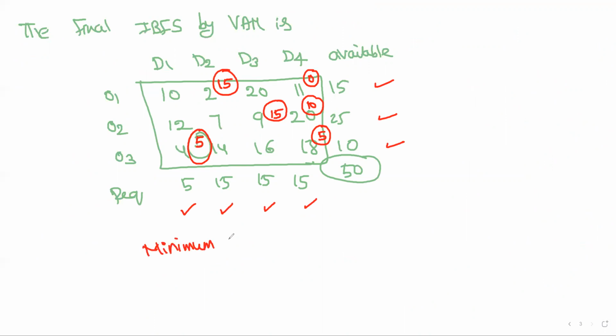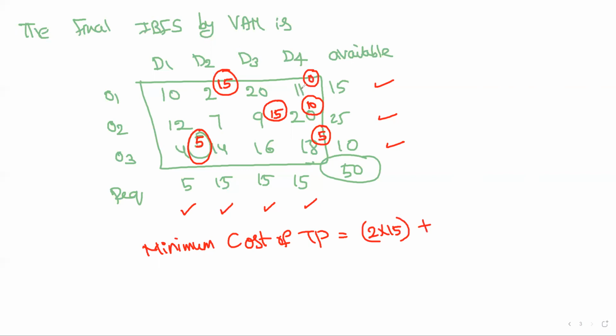Minimum cost of transportation is equal to. First here we have 15 items, how many rupees each product? 2 rupees. One product is 2 rupees. We require 15 items, so total amount is 2 into 15 plus, for this one we don't want any item.